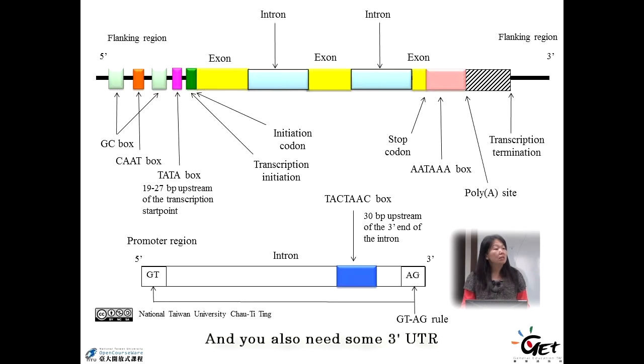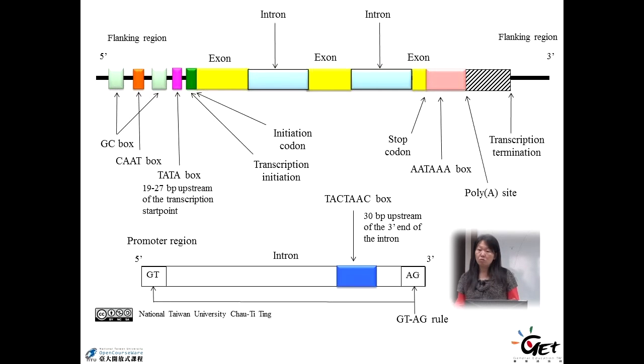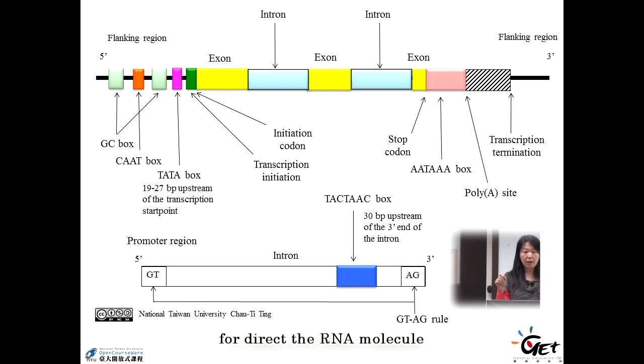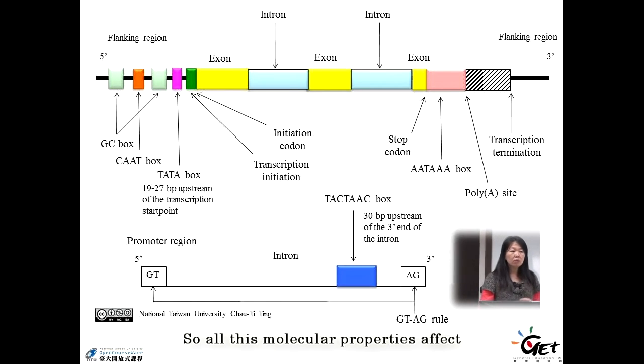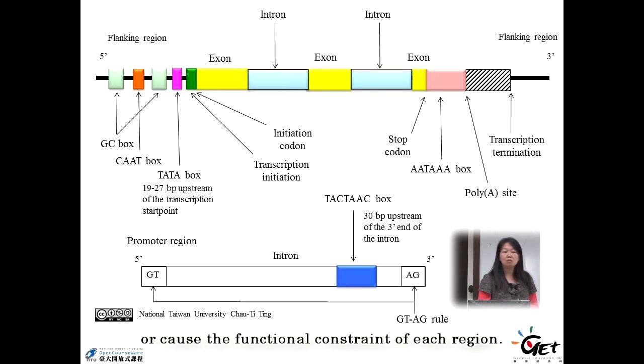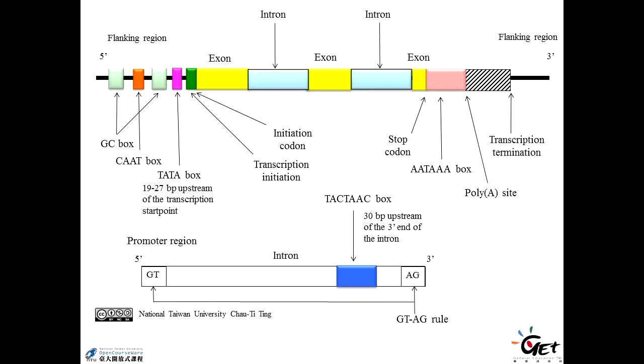And you also need some 3' UTR to determine where to stop. The 3' UTR sometimes is also important for directing the RNA molecule from the nucleus to the cell, and sometimes they have to wait for a while before translation. So all these molecular properties cause the functional constraint of each region.